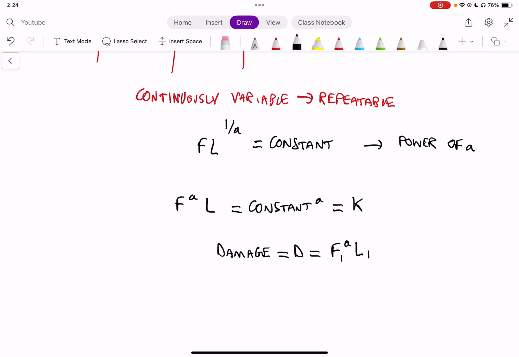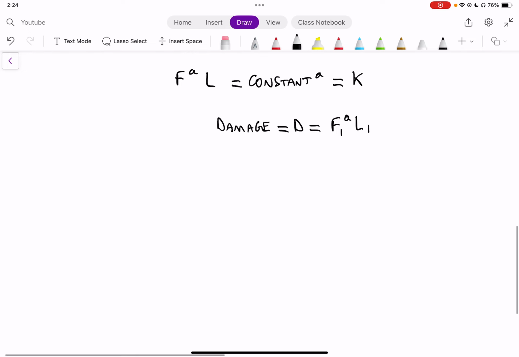And so what we can do is start drawing a graph of F to the power of A versus L. Okay, so it would be F to the power of A versus L. And what we're going to find is if we plot some values here, we're going to have, for example, a 0.1 here.